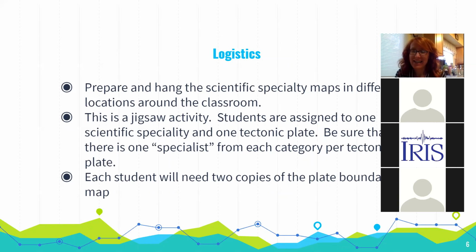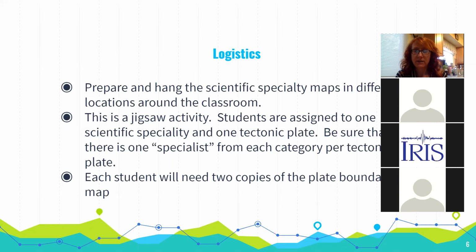I did not take the time to modify this for a virtual setting, but I'm sure that you could do that as well in breakout rooms and provide students with images of the maps if you are currently in a virtual teaching mode. The activity itself throughout is a jigsaw activity.